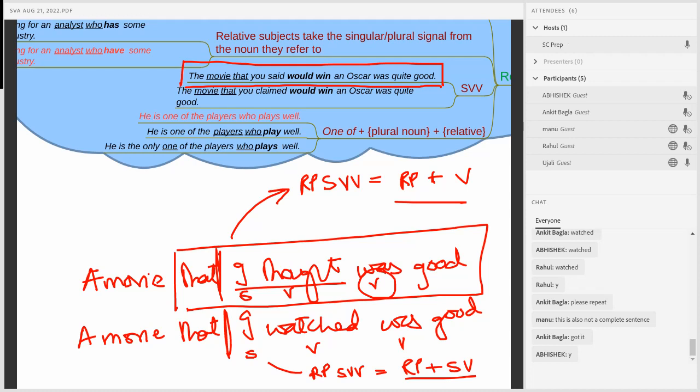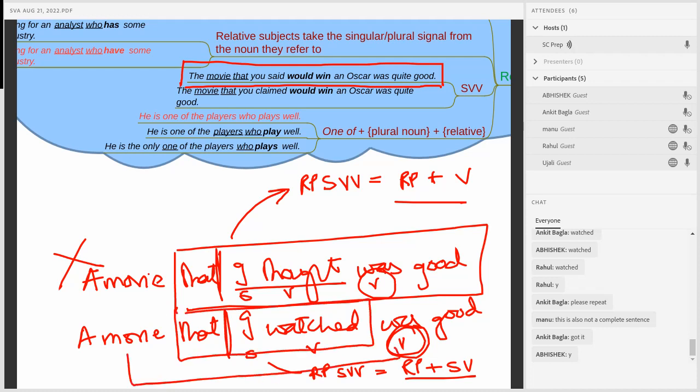Now, because the second verb has been gobbled up by the descriptive element, is there a verb left for movie? No, exactly. So you remove such an option. But in the second one, the second verb is now free. It is not part of the description. So it can combine with movie. That's why the second one is a complete sentence. So you don't remove this option.